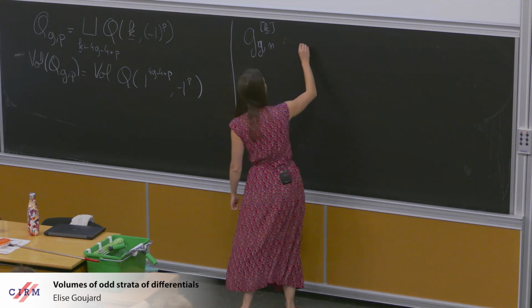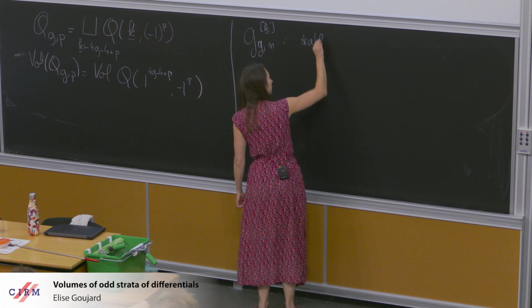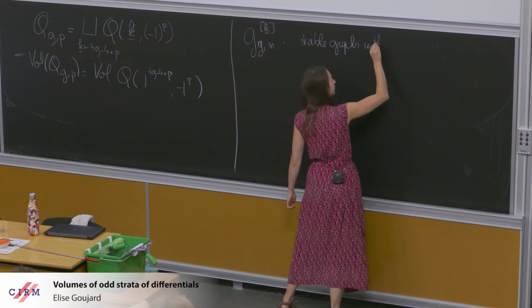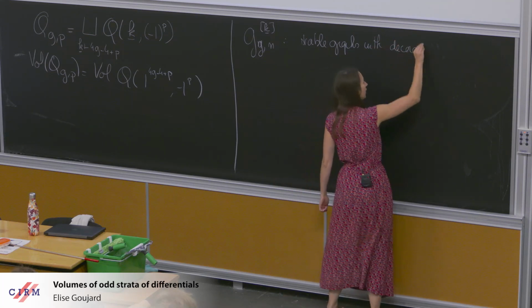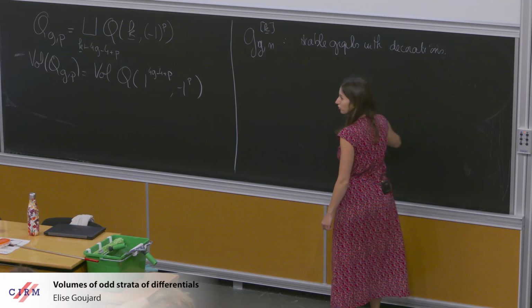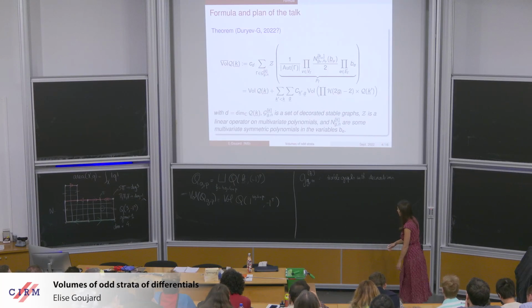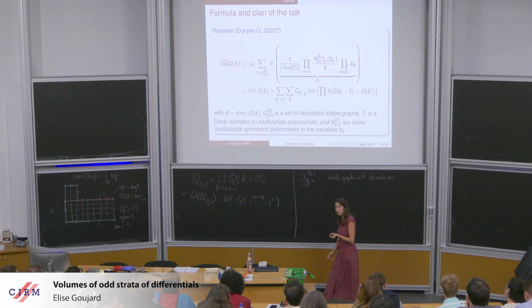So this is a set of stable graphs with decorations. And these stable graphs already came up in the talk of Martin and Sam yesterday. They are just dual graphs to stable curves in M_{g,n} bar.